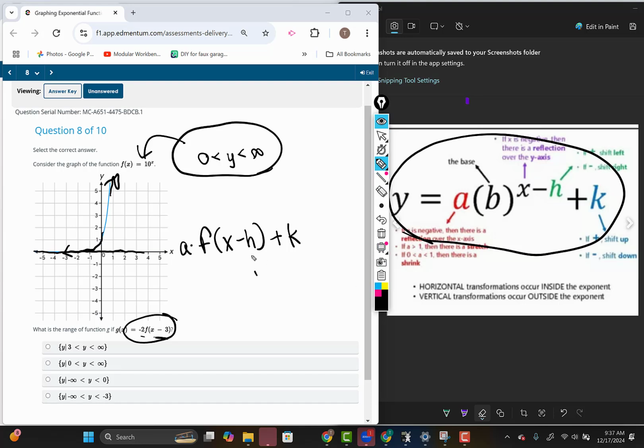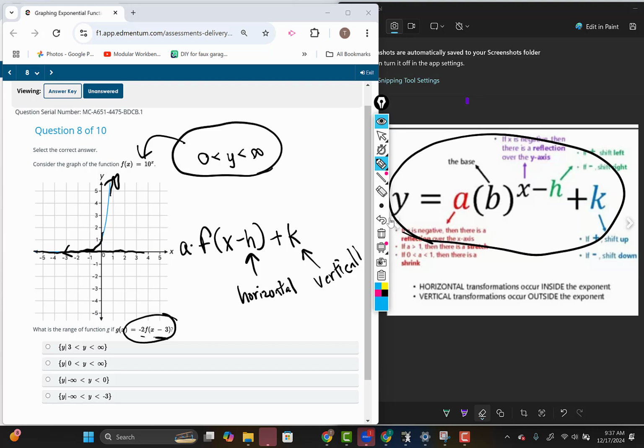H and k, the h value, this shifts the graph horizontally, and this shifts the graph vertically. Really, it's only the h value that gets a little confusing. You can kind of see the k value here and the k value here match up, and the a value here and the a value here in the front also both match up.